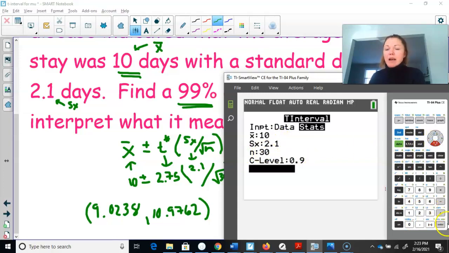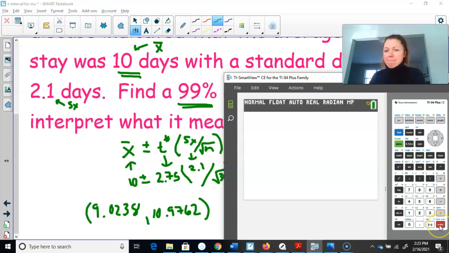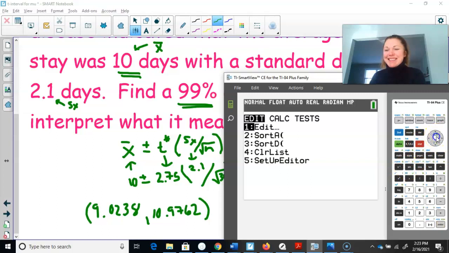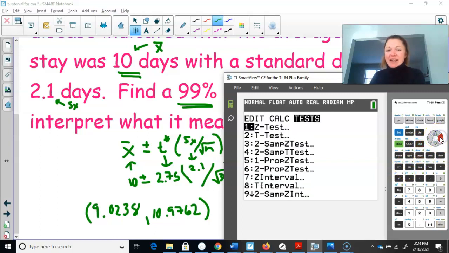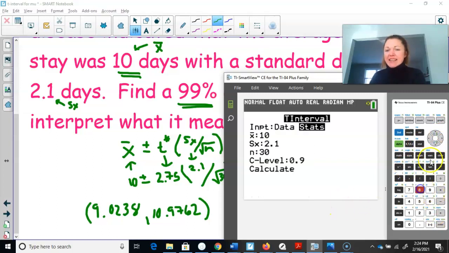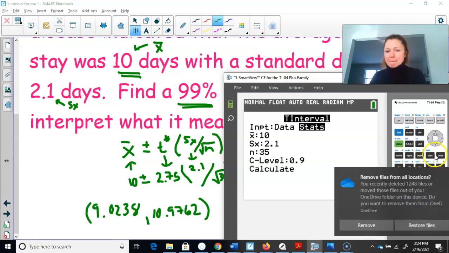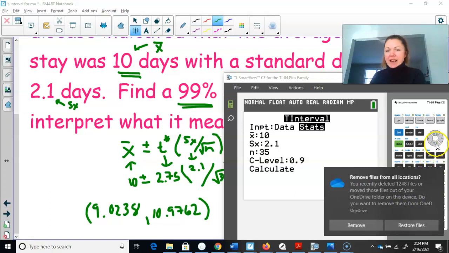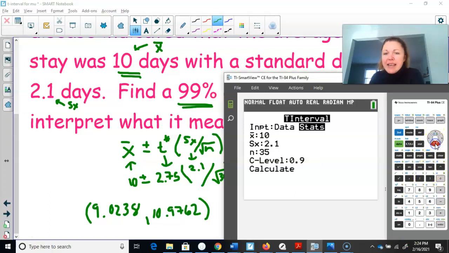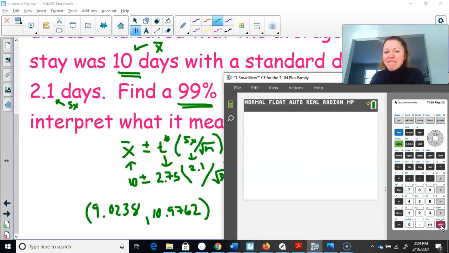Oh, that should be 35. I already messed that up. Sorry, guys. At least I caught it here, right? T interval, 35. Go ahead and calculate. And I think it was 99% too, so 0.99. I really rushed through that one, didn't I? Sorry about that.